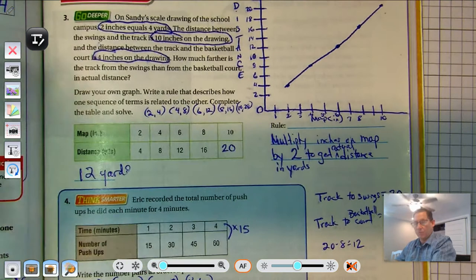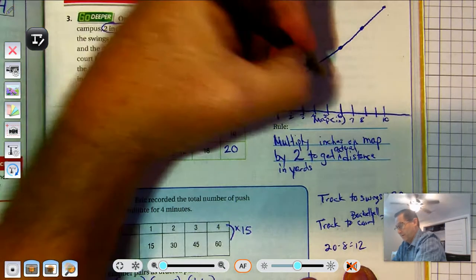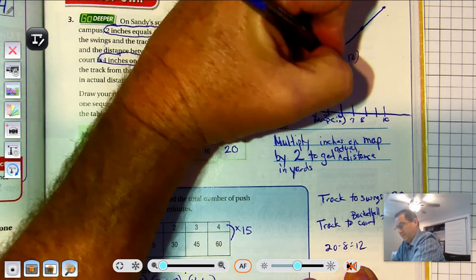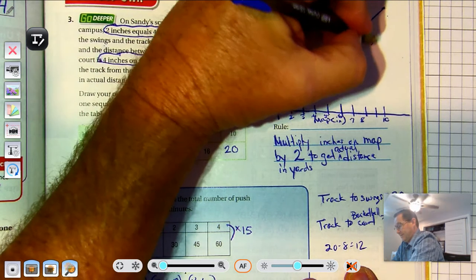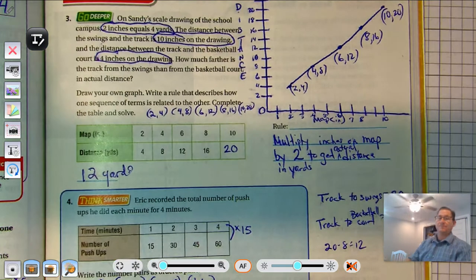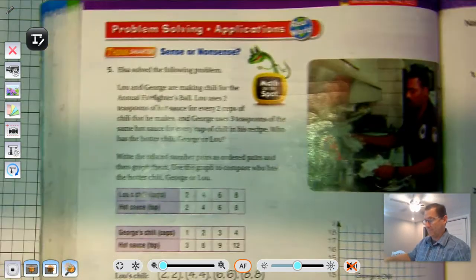I want to go ahead and write in the ordered pairs on this one before I move on. So 2, 4. We went 4, 8, 6, 12, 8, 16, and 10, 20. Okay. All right, to 418, number 5.